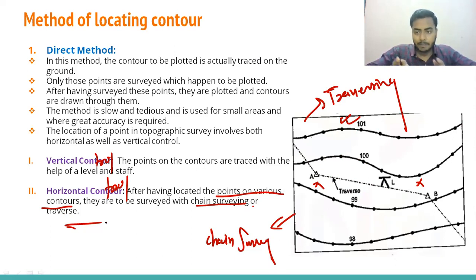If the area is large, we can do both procedures similarly: while someone is doing the vertical control, parallelly we can go for the horizontal control and survey these points. Sorry, if it is a large survey, we can go parallelly. If it is small, once we complete the vertical control, then we go for the horizontal control.